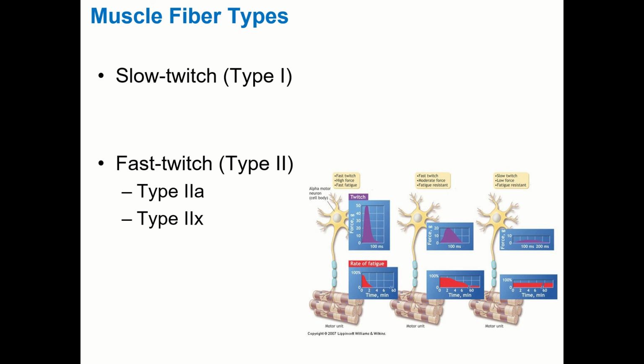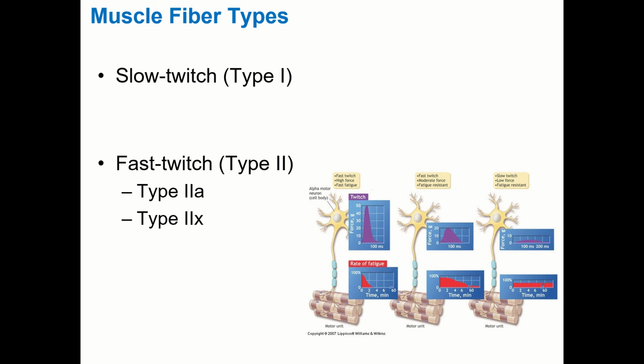You're just going to get a quick release of calcium, a quick interaction of actin and myosin, and then once we stop stimulating the muscle cell, we pump calcium back inside the sarcoplasmic reticulum, and so we can't get an interaction of actin and myosin anymore. That's a twitch. That's just one really quick contraction of the muscle cell. So slow twitch means that it takes a relatively long time for your type 1 fibers to do that.